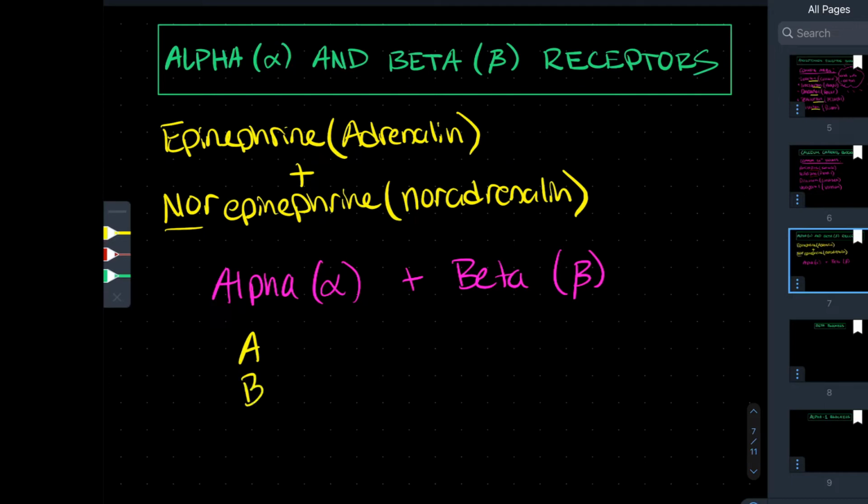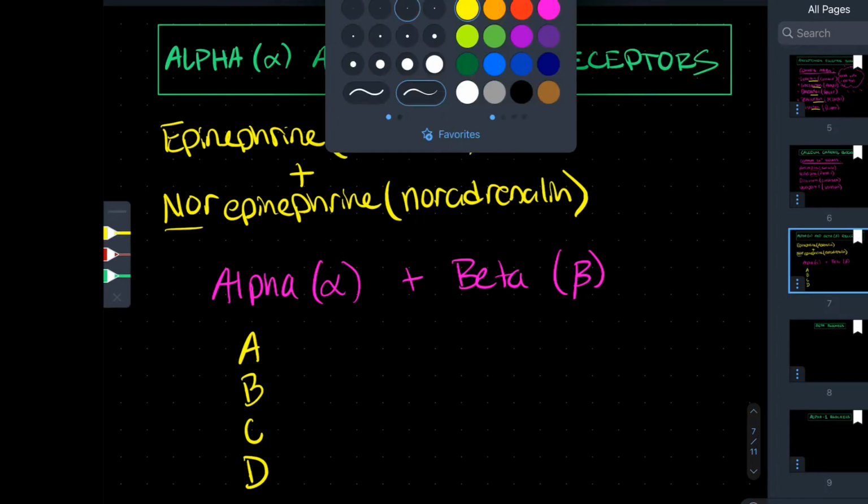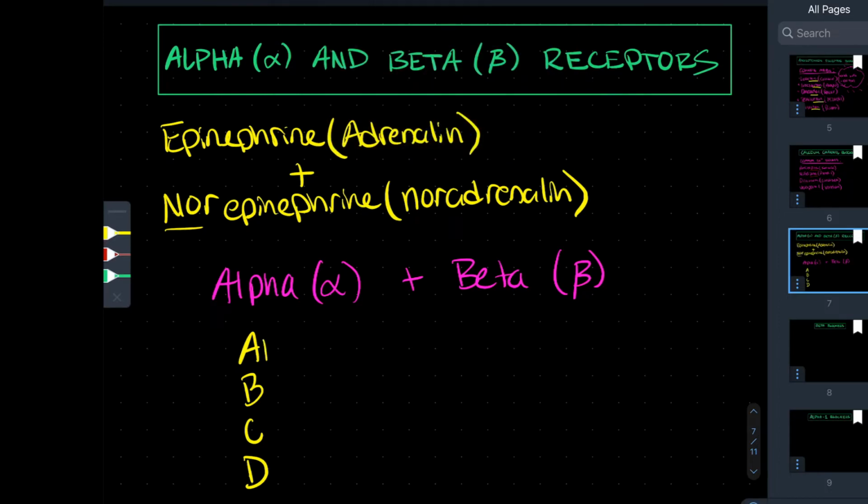A, B, C, D. So alpha and beta, that's the A and B part. But I just think of it hopping over 1.